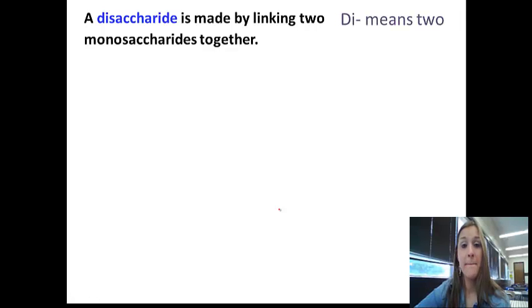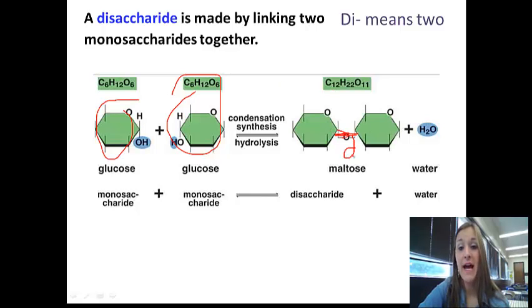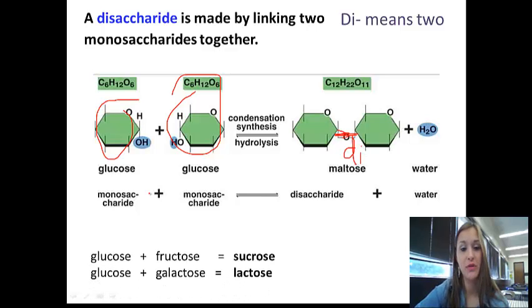So if mono means 1, di means 2. So if we take 2 monosaccharides, such as glucose and glucose, and link them together so that they're combined, we're going to get a disaccharide. Di means 2. So for example, glucose and fructose is going to create sucrose.